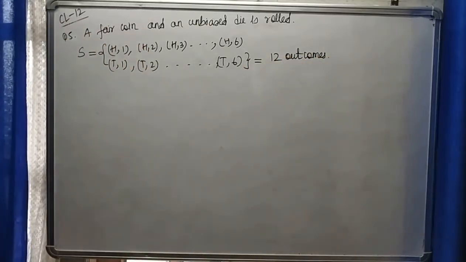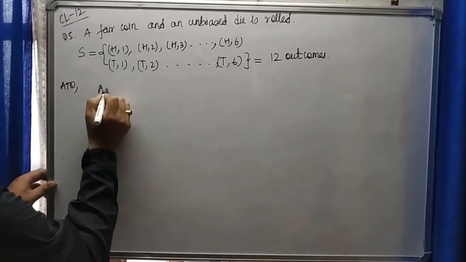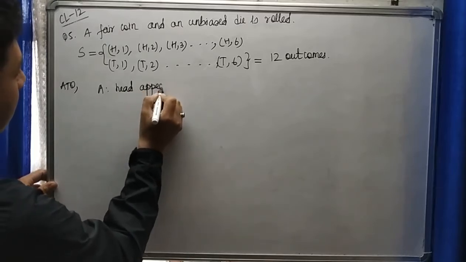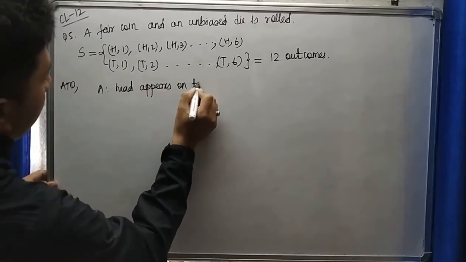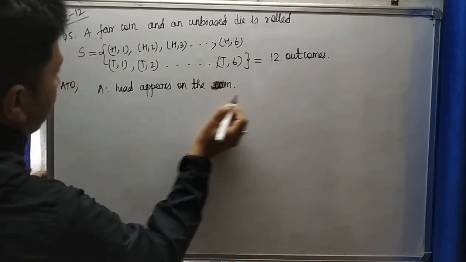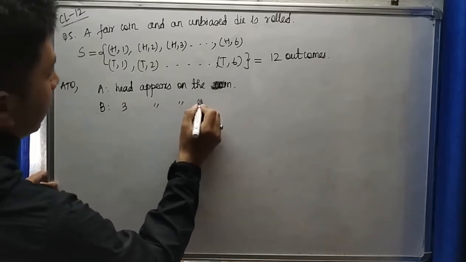Okay, let's read more. Capital A be the event, head appears on the coin, and capital B be the event, 3 appears on the die.